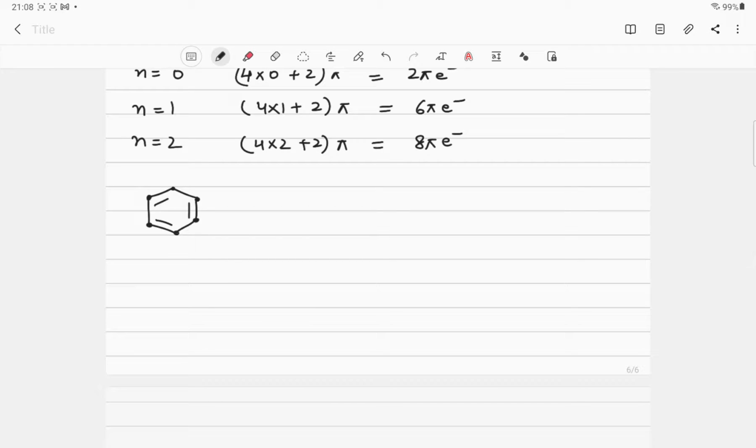This molecule is planar, and if I see the number of pi electrons, there is one pair, another pair, another pair, so there are 6 pi electrons. So you can see that it follows the 4n plus 2 rule, right? And the complete delocalization of electrons is there.